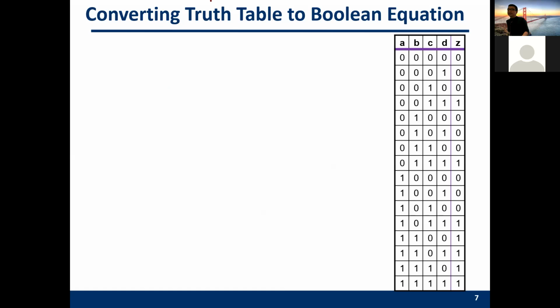In this slide, I will talk about how to convert the truth table to a Boolean equation or Boolean expression. We actually talked about this issue before. The major method is to use the canonical form.